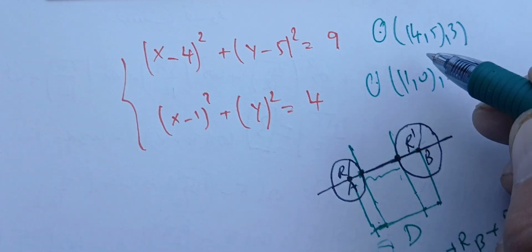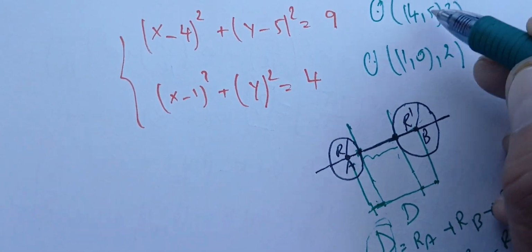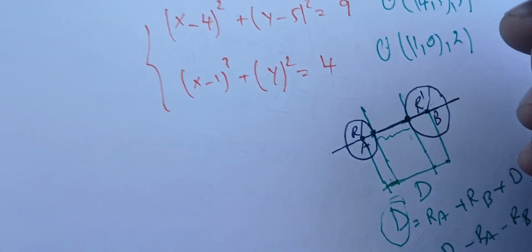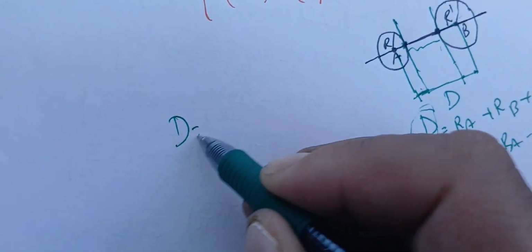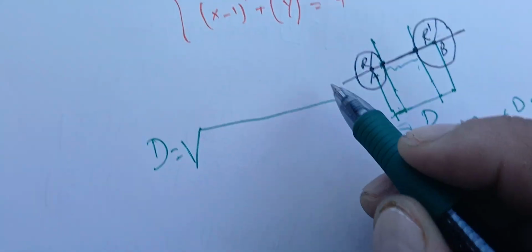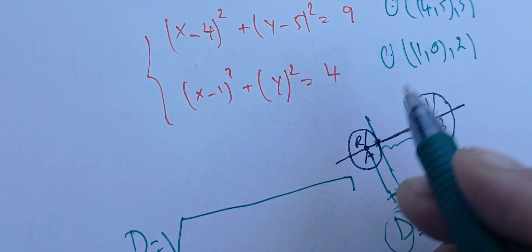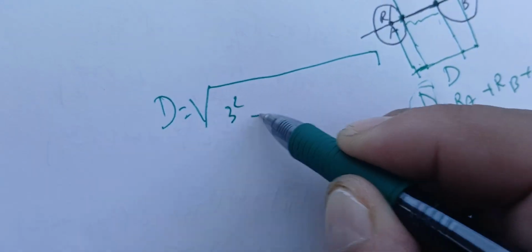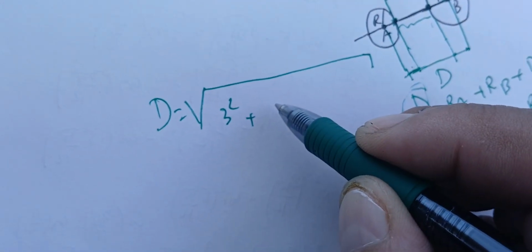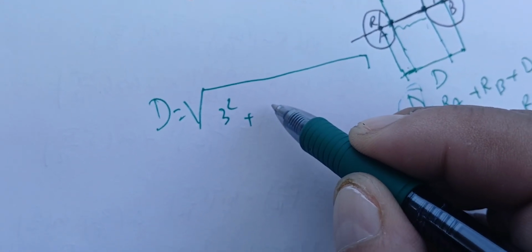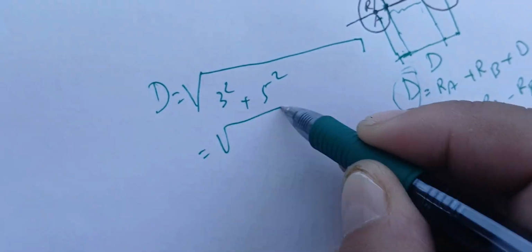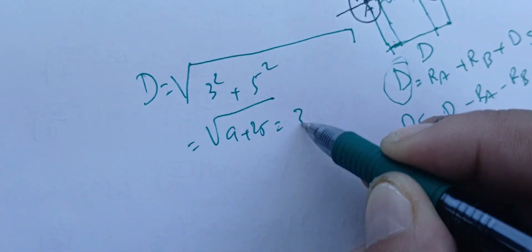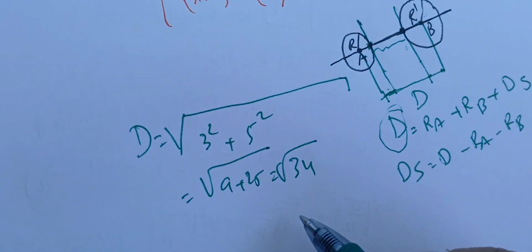To find the distance between the two centers, which we call D, we use the distance formula. It's going to be 4 minus 1, which is 3 squared, plus 5 minus 0, which is 5 squared. Therefore we have 9 plus 25, which is 34, so D is the square root of 34.